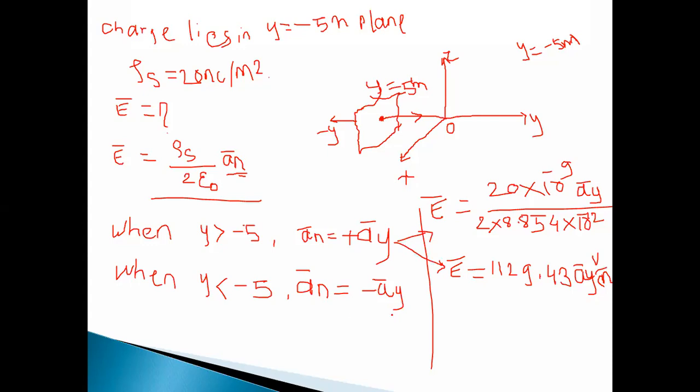But when y is less than minus 5, the unit vector is minus a bar y, so E bar is equal to minus 1129.43 into unit vector a bar y. So we have to consider both the cases here because they are asking in all directions.